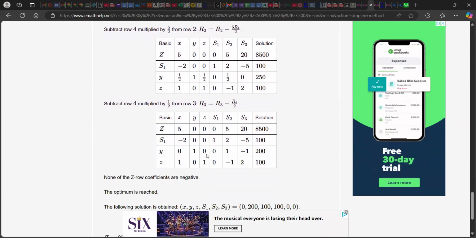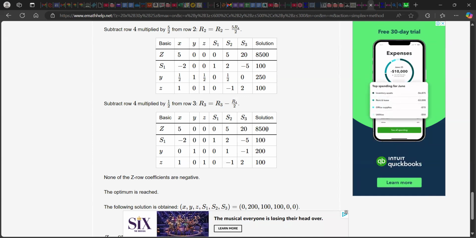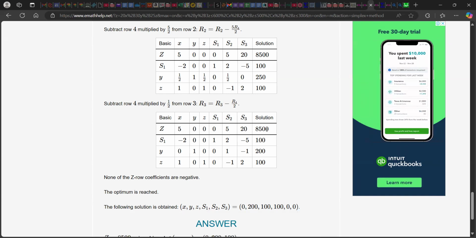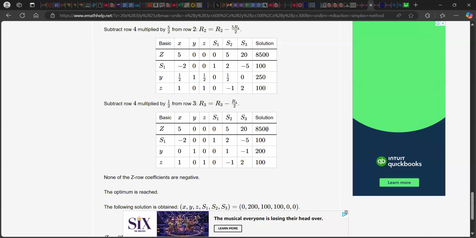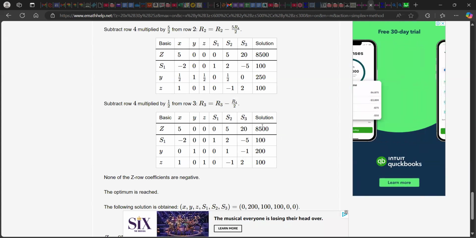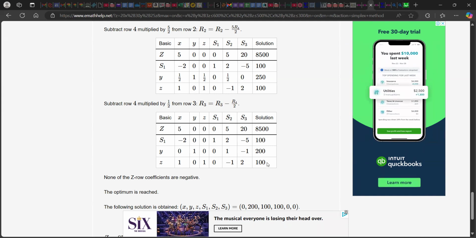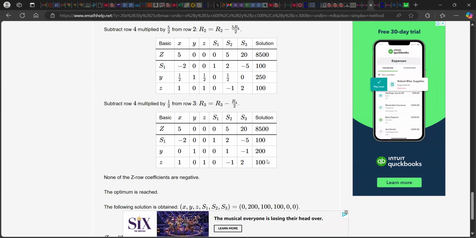That's what they did. When you look in the Z row here, there's no negative now. That means you have reached your optimum conditions, right? The solution has reached its optimum value. So notice 8,500 will be your maximum, and it will occur when Y is 200 and Z is 100.